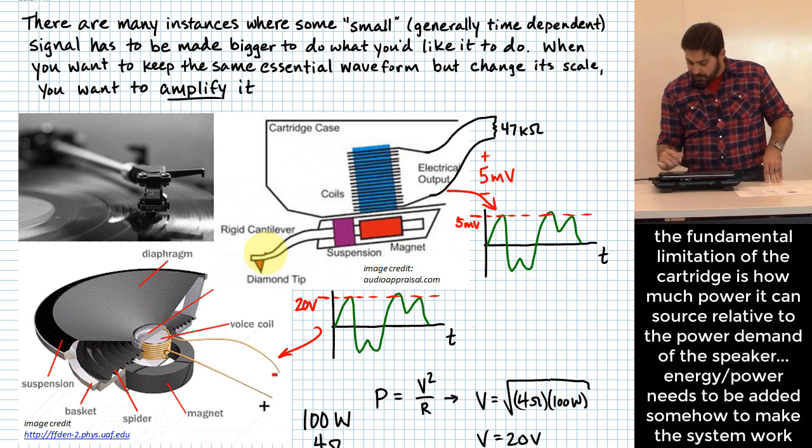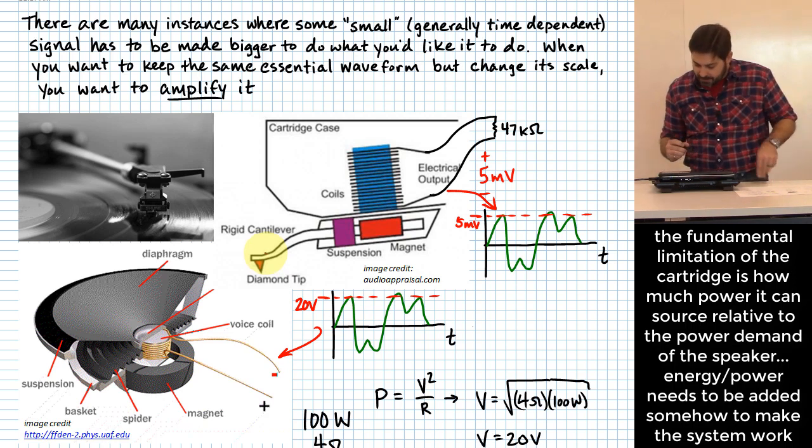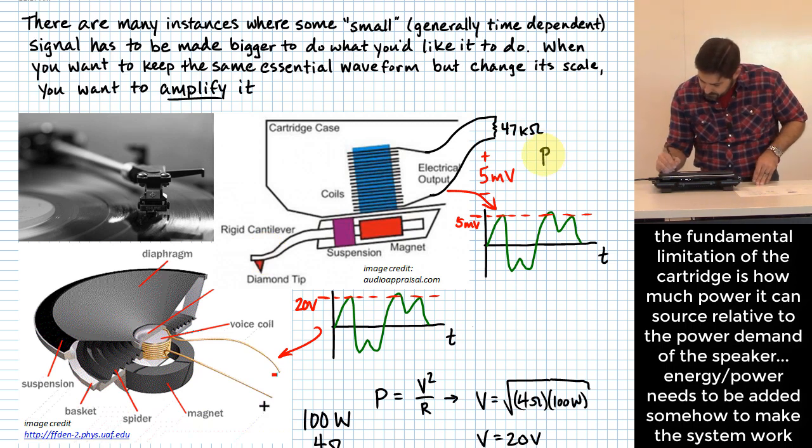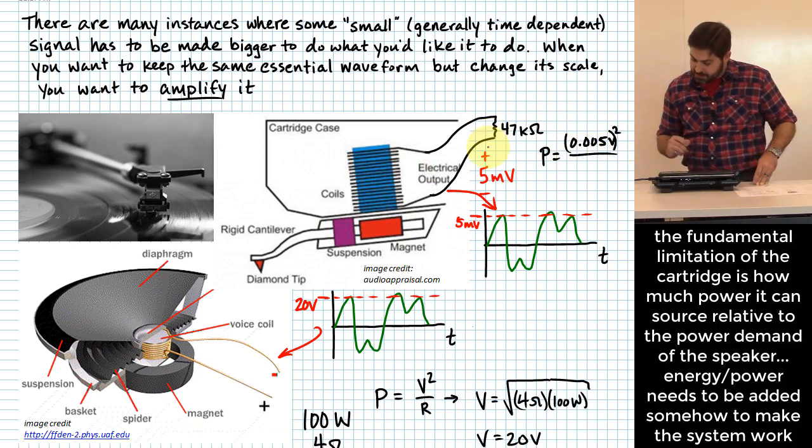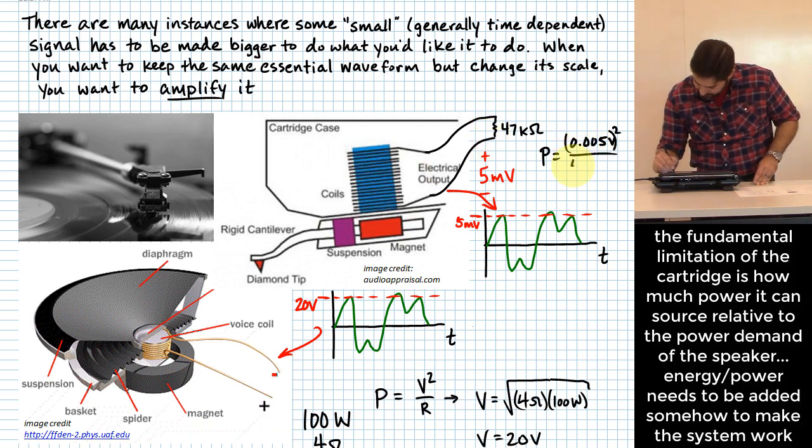Okay, we can do a similar calculation to down here, right? P is equal to V squared over R. V is 5 millivolts, so I'm going to put that as 0.005 volts squared over the little resistance that is driving it across, which is 47,000 ohms.